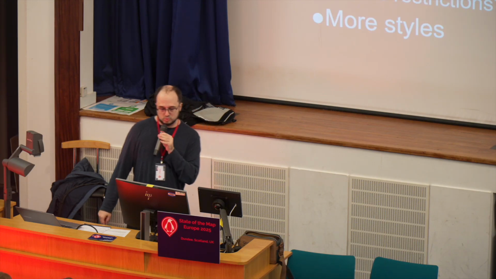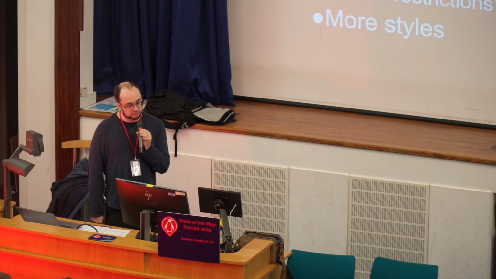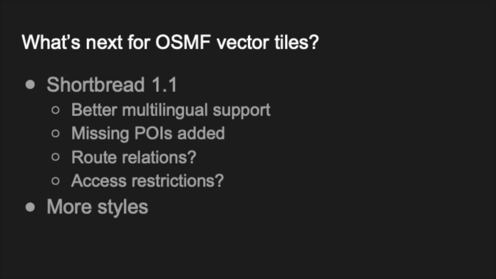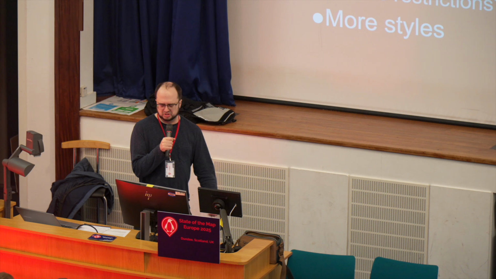But also, what's next for the OSMF vector tiles? The big thing is Shortbread 1.1, which we're working on. Probably the most notable feature in there is better multilingual support. So you'll be able to have a map, and you'll be able to switch it between English, French, Chinese, and see labels, subject to OSM data, in the language you prefer.